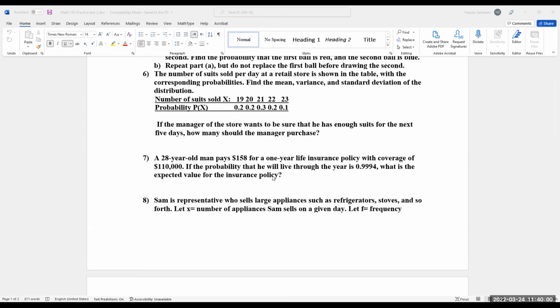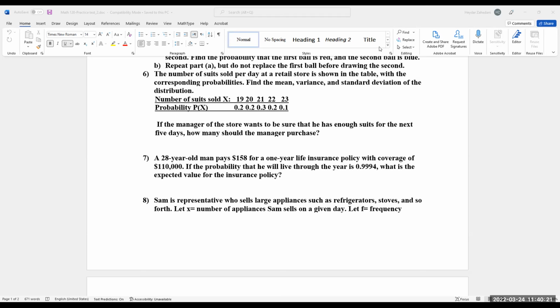From the person's point of view, the person would lose money, but the insurance company is going to make the money. So you have to design the table from the company's point of view.